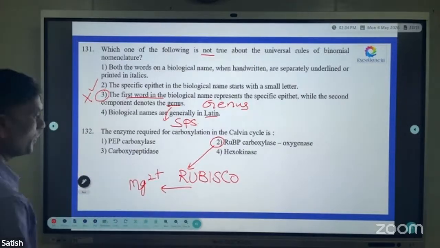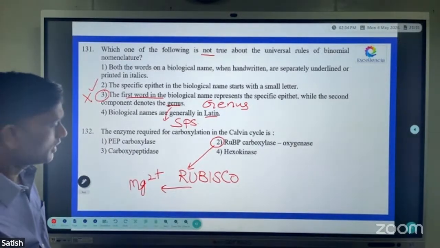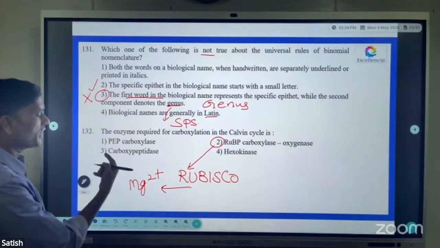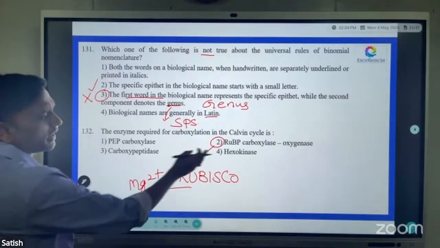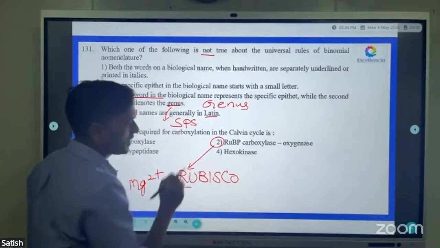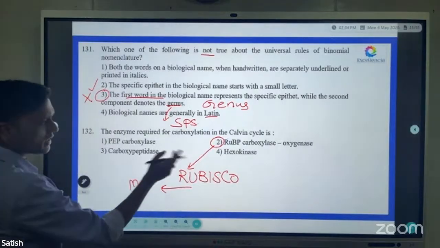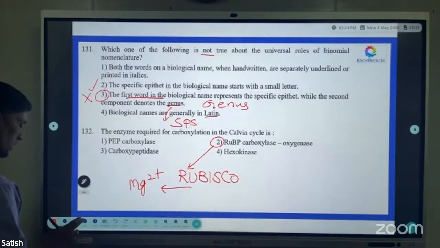PEP carboxylase is in C4 plants. Carboxypeptidase is mainly helpful for the breakdown of peptides. Hexokinase is a major enzyme in the glycolytic pathway, the first enzyme. So the answer for 132 is the second option, Rubisco enzyme, RuBP carboxylase oxygenase.